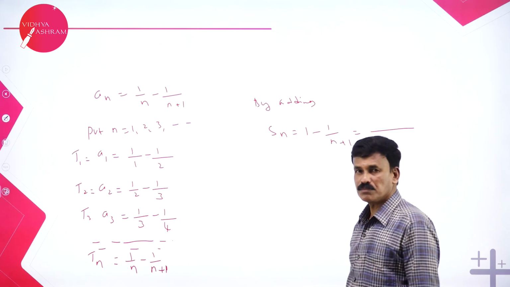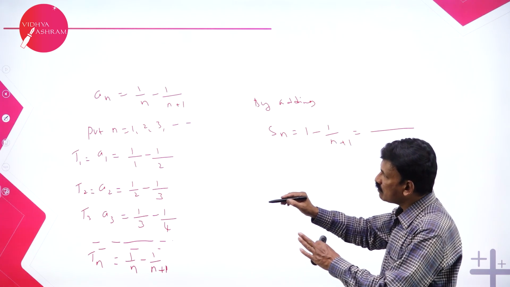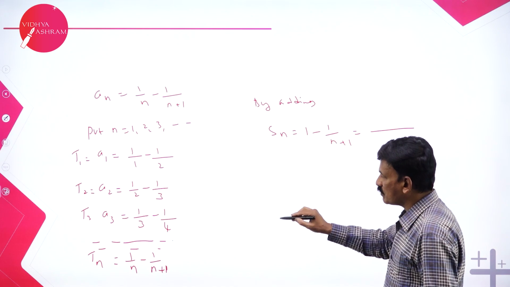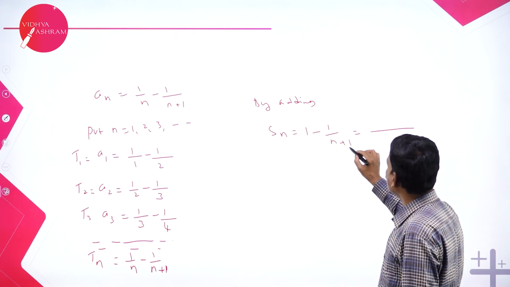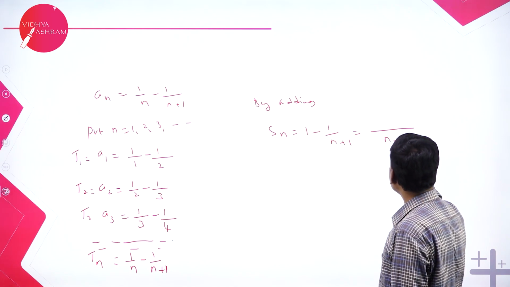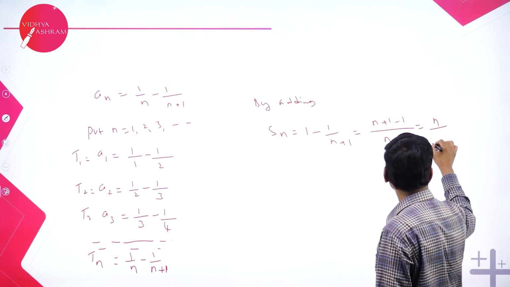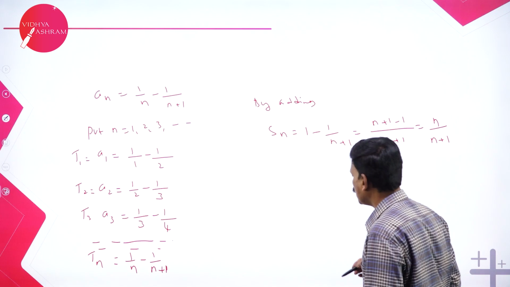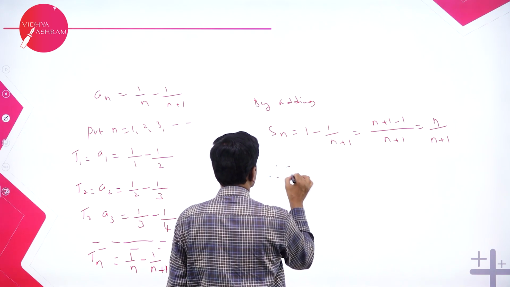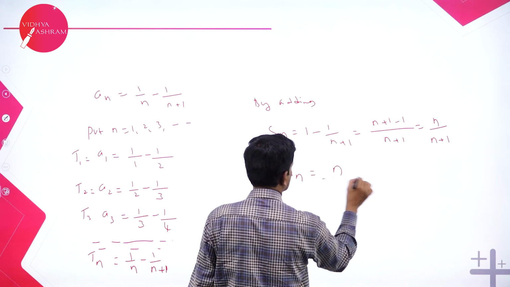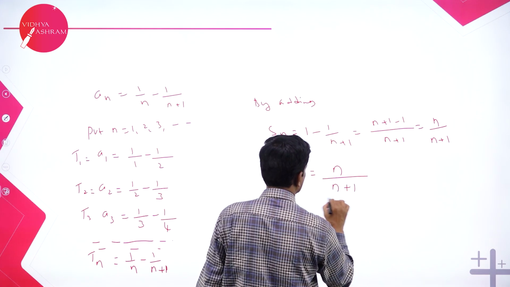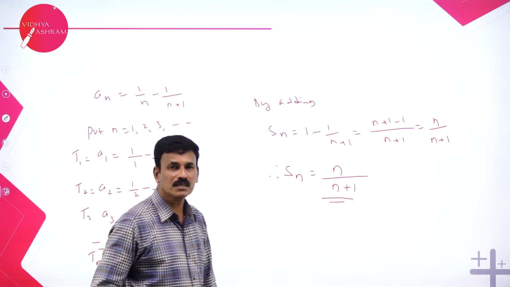Take LCM and simplify: that is equal to n plus 1 minus 1, the plus 1 and minus 1 get cancelled, n divided by n plus 1. So, therefore, the sum of n terms of the given series is n divided by n plus 1. That is it. This is the required answer.